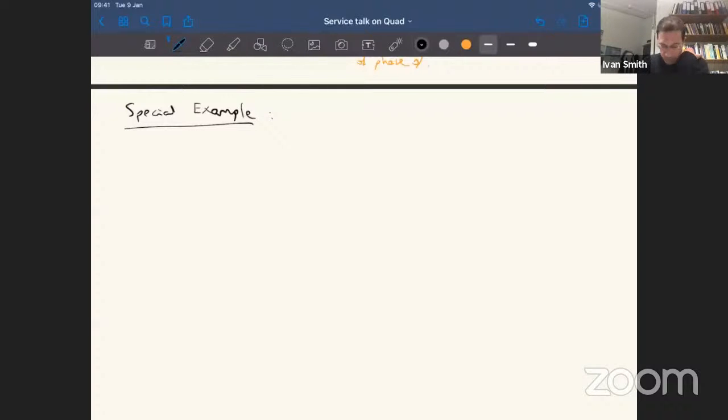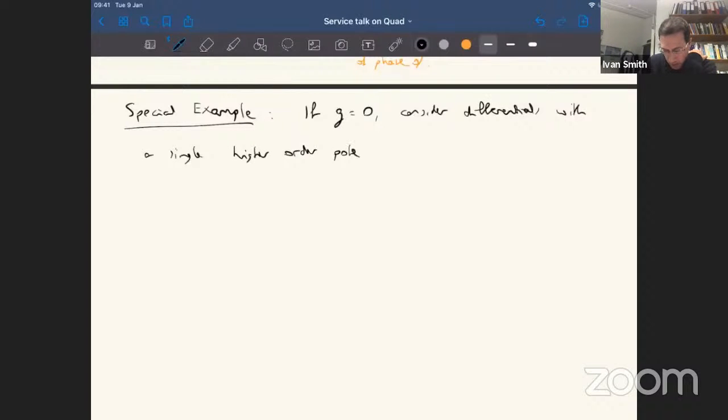Okay, so if the genus g is 0, and we consider differentials with a single higher order pole at infinity, say a pole of order n plus 5, well then for the space of quadratic differentials, now we don't have any double poles, so this complication about the heart thing I was mentioning doesn't come up. So this is just the whole thing that we care about.